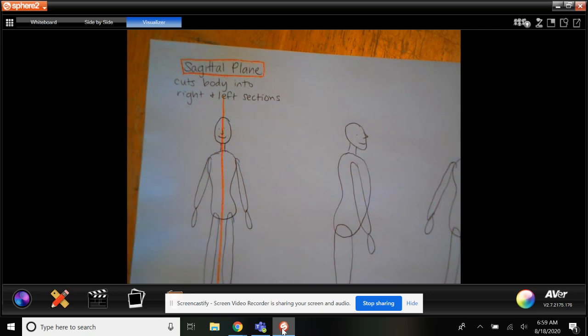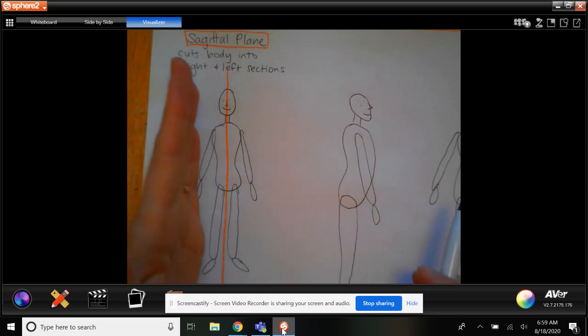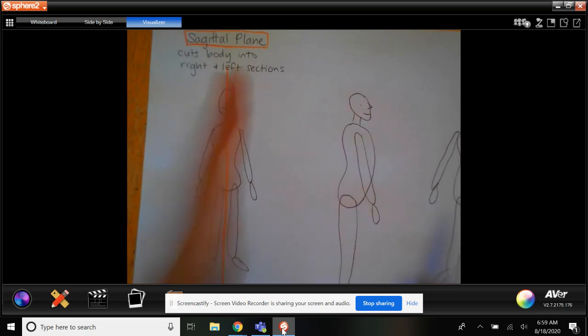So you can imagine like taking a line right through the nose, right down through the backbone, and cutting in between the legs. It doesn't have to be right in the middle. It could be like shifted off towards one side or the other. But the same idea, it's still going to leave you a right piece and a left piece.